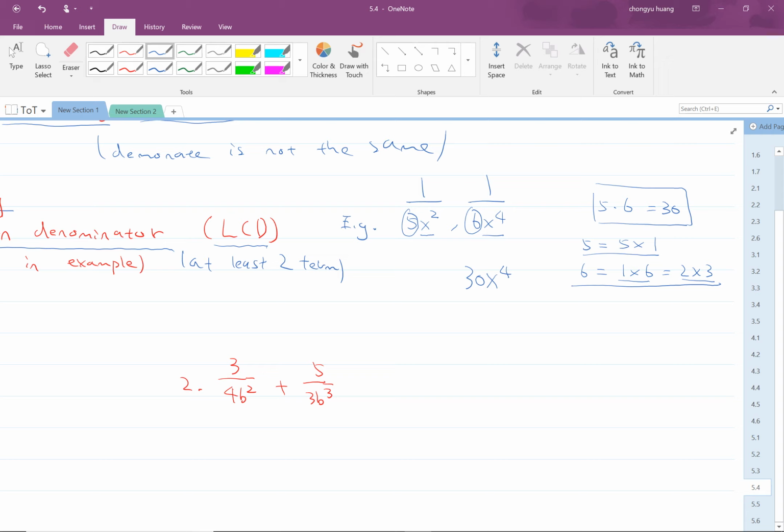No number is common to 5 and 6. That's why the least common denominator has to be 5 multiplied by 6, which is 30. So the term 30x to the power 4 has to be the least common denominator among those two terms.